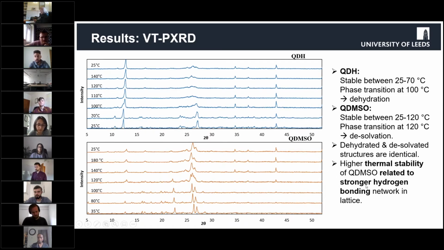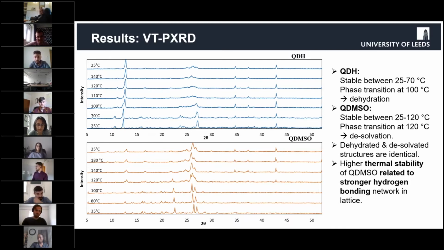And both the variable temperature XRD and the DSC TGA results show that QDMSO has a higher thermal stability compared to the dihydrate form. And if we use the molecular modeling results earlier on, we can explain that because of the stronger hydrogen bonds that the molecules in the QDMSO structure form.